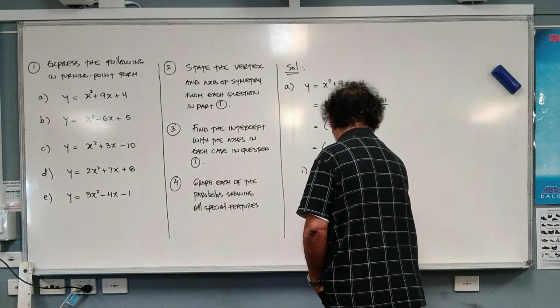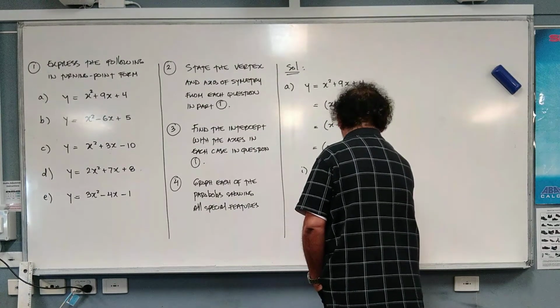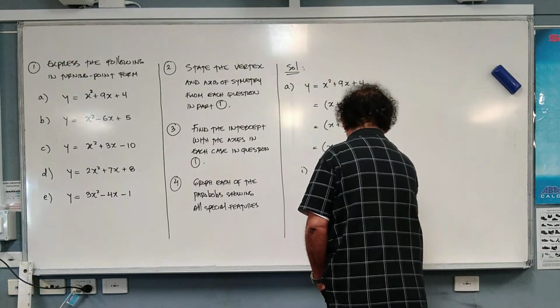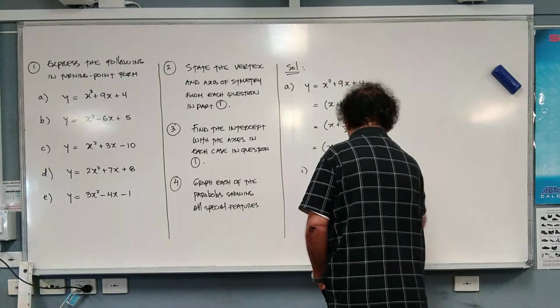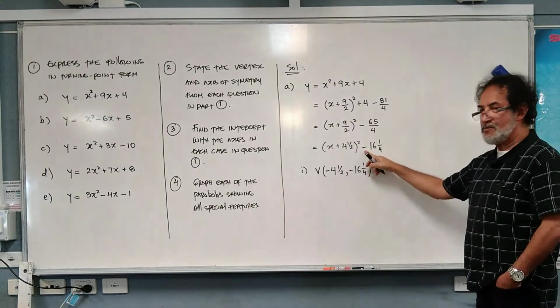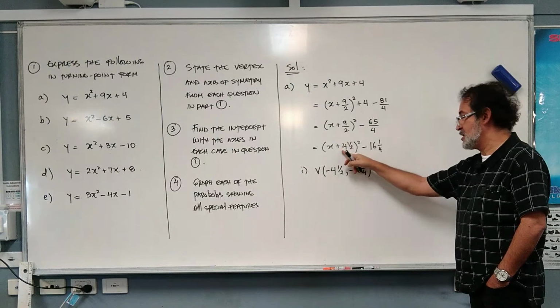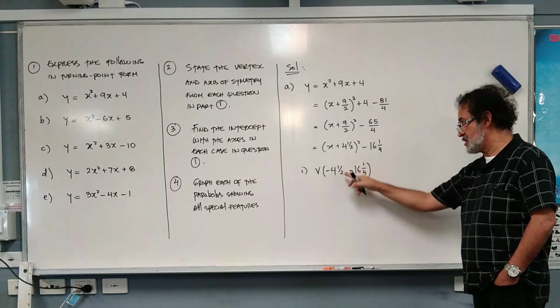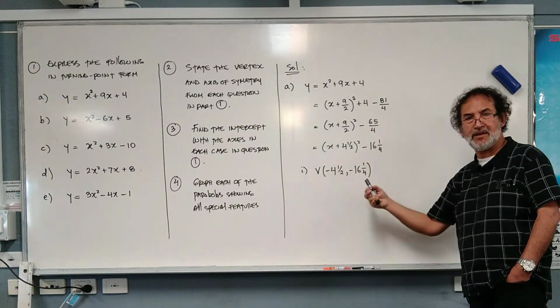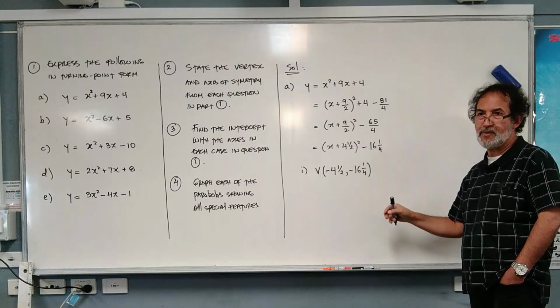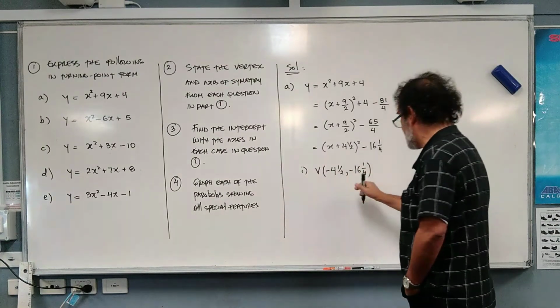Yeah. And so this doesn't change. This constant doesn't change, but you change this number. So if this is plus, then you put negative. If it is negative, then you put plus. All right? Okay. So that is the vertex.